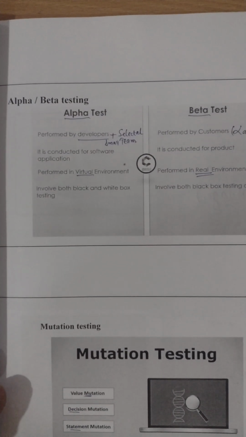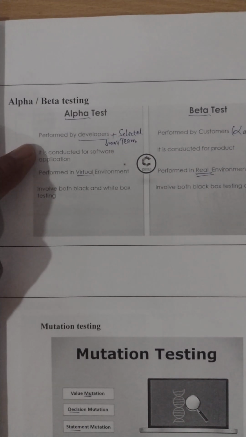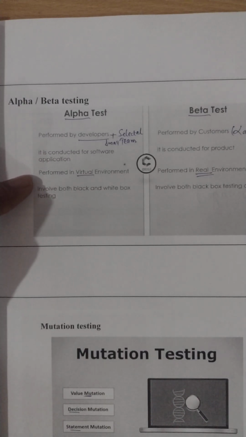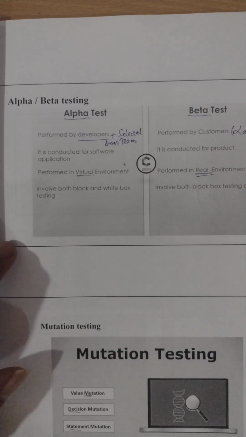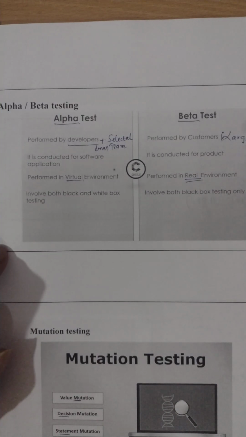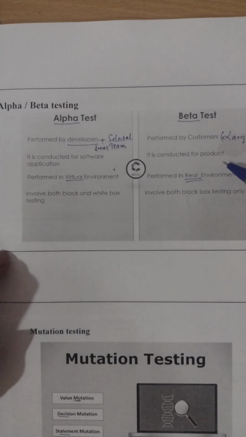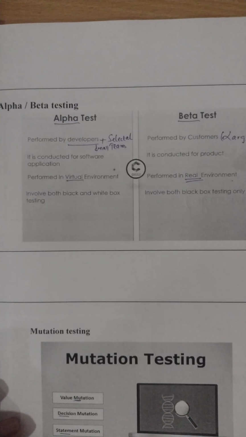Difference between alpha and beta testing: alpha is performed by a developer-selected small team, conducted for the software application, performed in a virtual environment, and involves both black box and white box testing. Beta testing is performed by the customer or other end users. It's conducted for the product, performed in a real-time environment, and involves only black box testing.